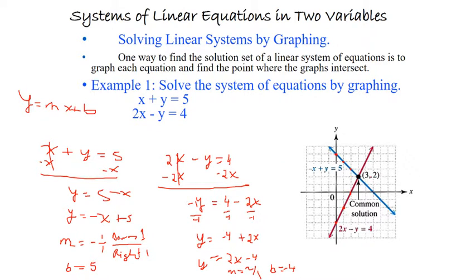And it looks like these two lines intersect at the point (3, 2). So the solution to this system is going to be (3, 2). Remember, this is an ordered pair, so this is my x and this is my y.